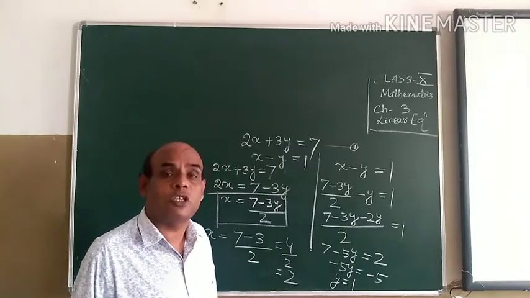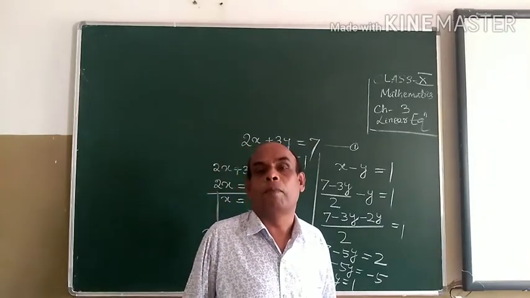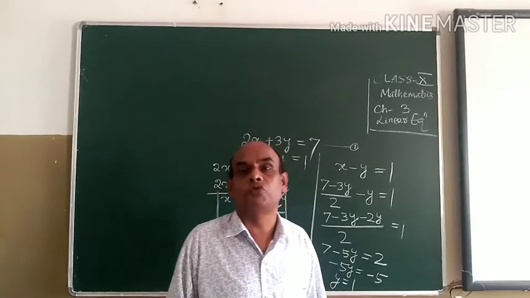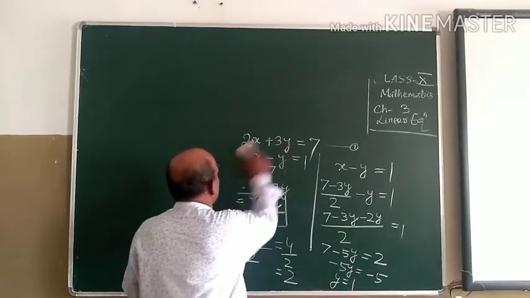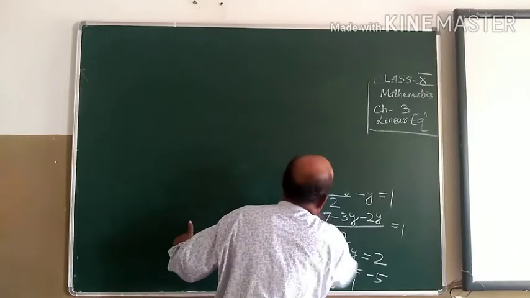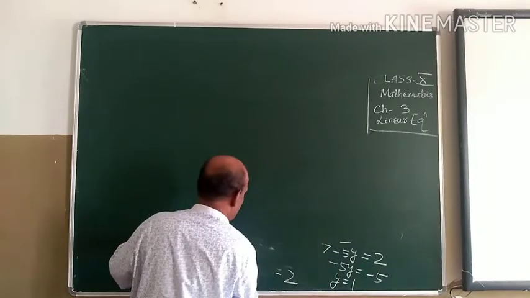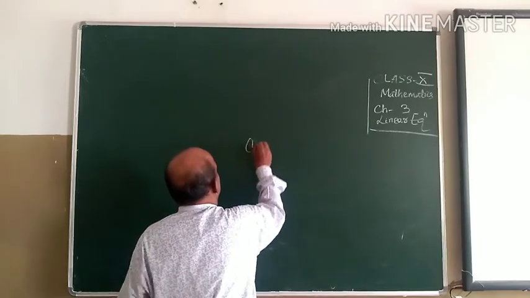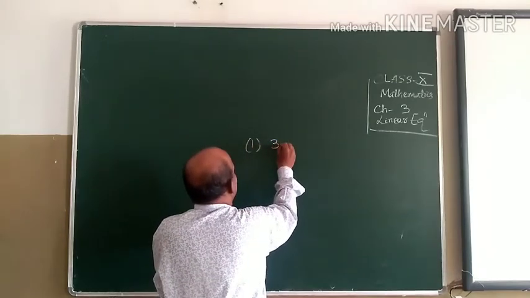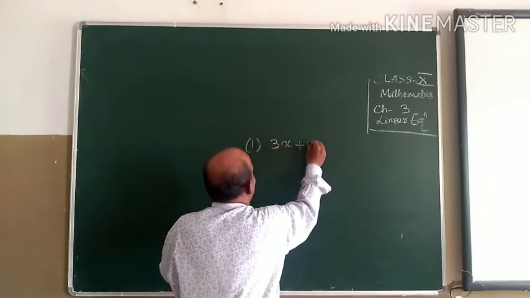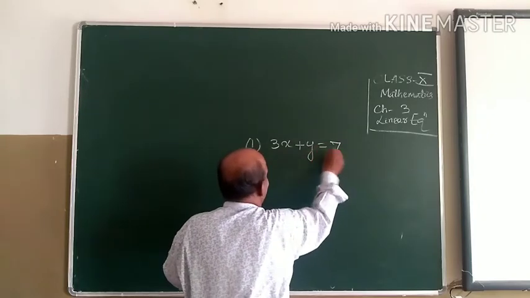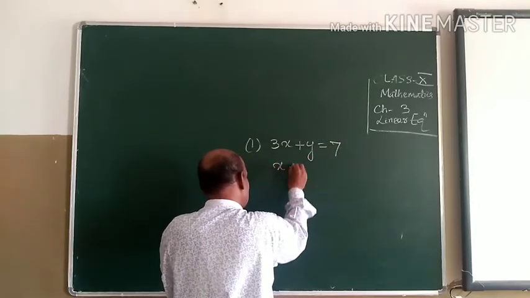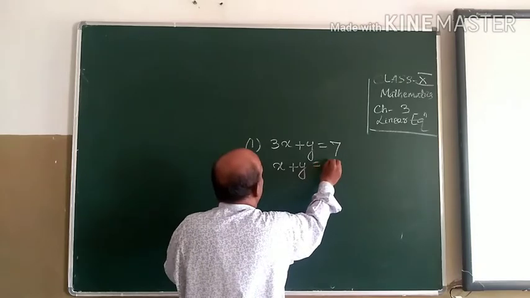Question number 1: 3x plus y is equal to 7, x plus y is equal to 3.